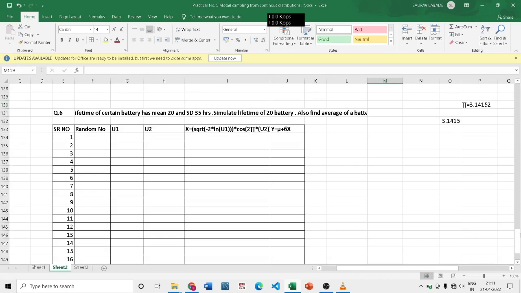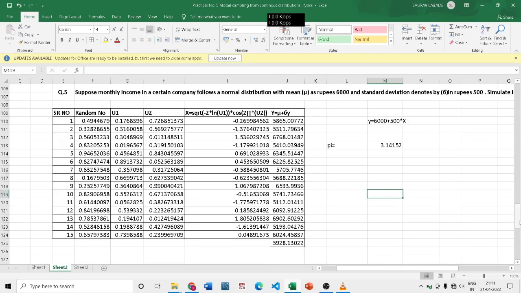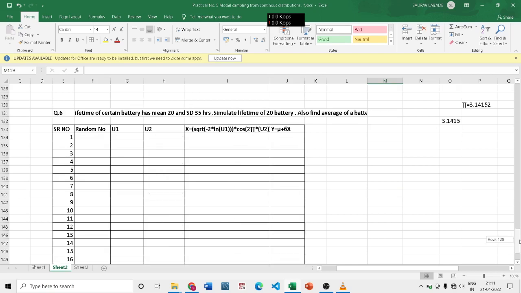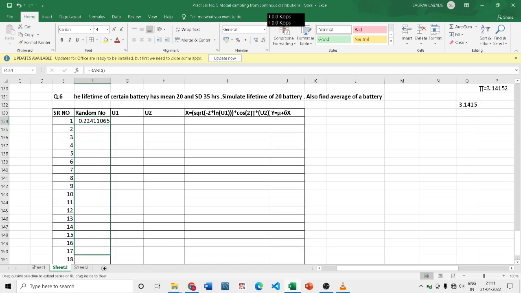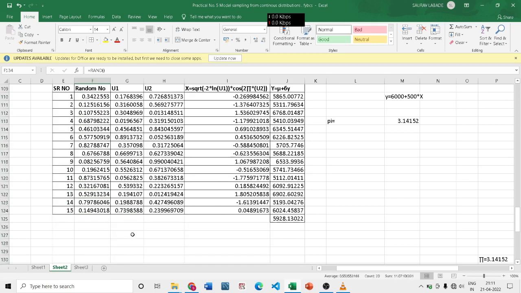Or should I do this? Okay, I will just complete this. This is the last example of the normal distribution. Now here again go with the same procedure, that is nothing but the rand of this. Drag those values, find out this u1, u2.